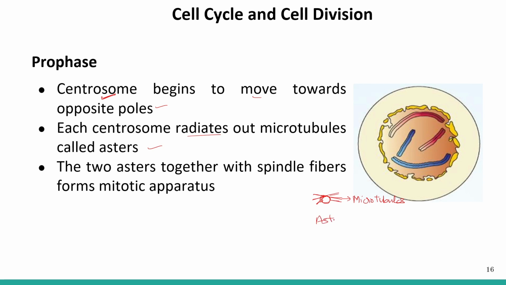What is an aster? An aster is a star-shaped structure. What does it comprise of? It comprises of microtubules along with the centrosome.